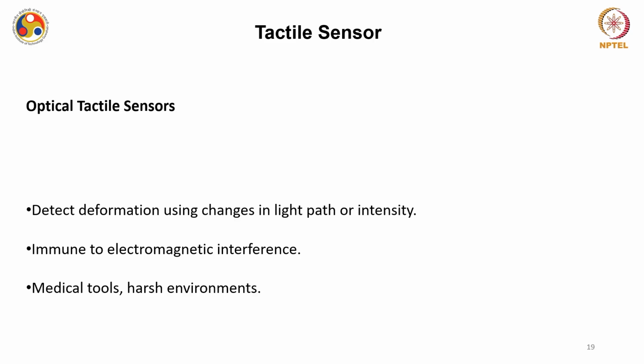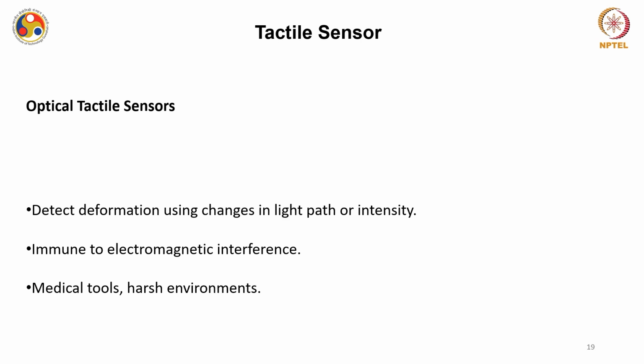Then there are various optical tactile sensors also available, where the device detects the deformation using a change in the light path or a change in its intensity or other phenomena, like we have seen for interferometers, where there is a change in path length. The advantage of this kind of tactile sensor is that you do not have to put extra effort into making it immune to electromagnetic interference.